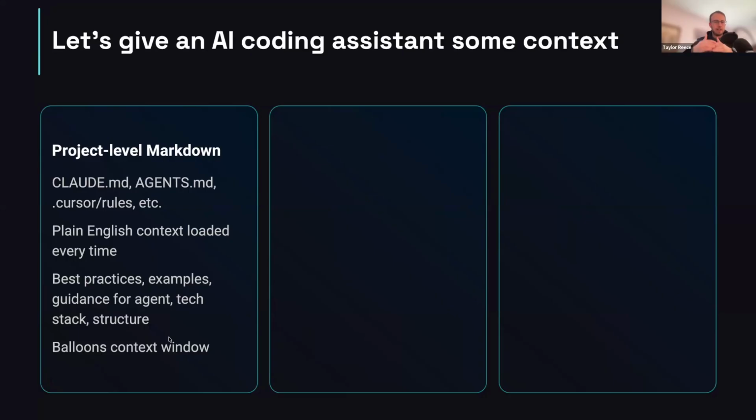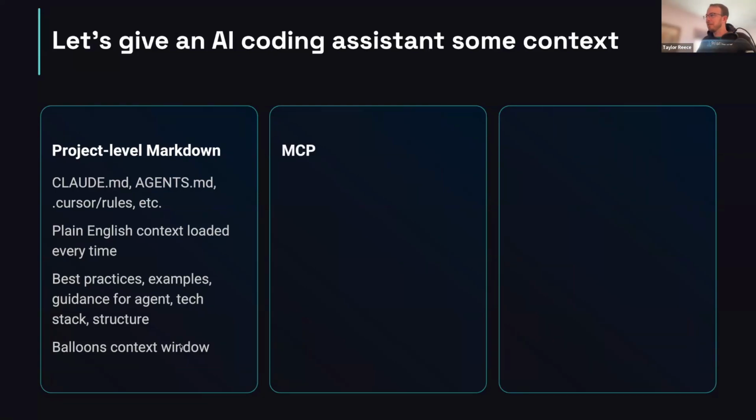If you've had 20 interactions back and forth with your AI agent, it just starts ejecting and forgetting some amount of context, which is a problem. That problem is solved with our third option here, which has something called progressive disclosure that we're going to get into in a moment. So, project level markdown is cool for a very simple description of your project. Not really the way forward now with these other two tools that we'll talk about here.